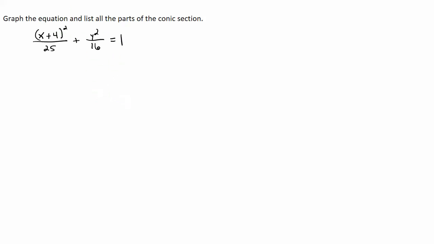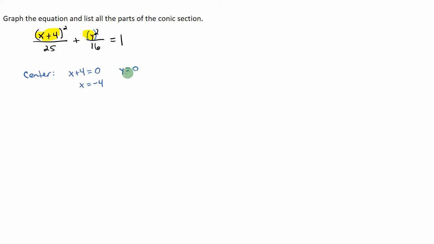It's the standard equation. So the first thing we need to do is find the center of this ellipse. The center comes from the x and the y that's squared. So the center comes from the values that make those squared parts equal 0. I take my x plus 4, set it equal to 0, and I can see that x is negative 4. And then here it's y squared, so y equals 0.